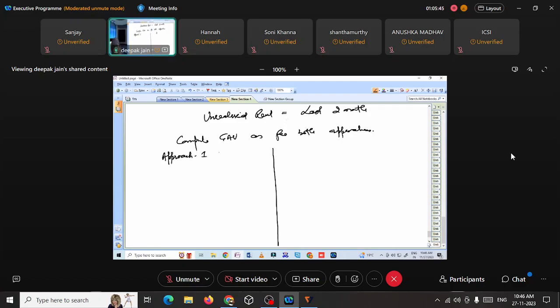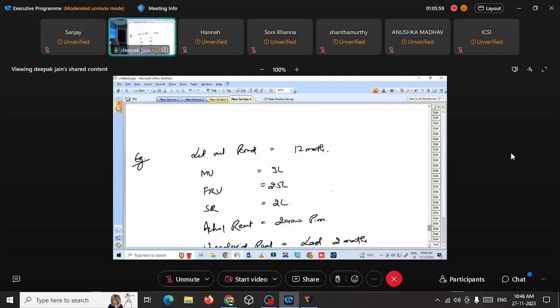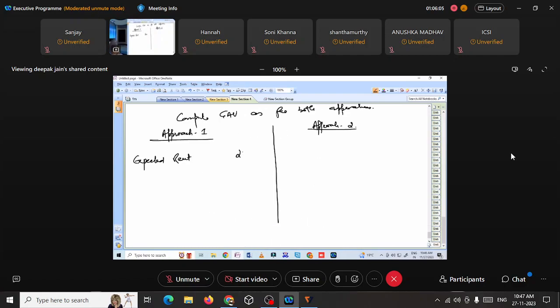Approach 1, approach 2. Expected rent: my expected rent would be 3 or 2.5, whichever is higher, 3; 3 or 2, whichever is less, 2. Actual rent: approach 1 says realized only.